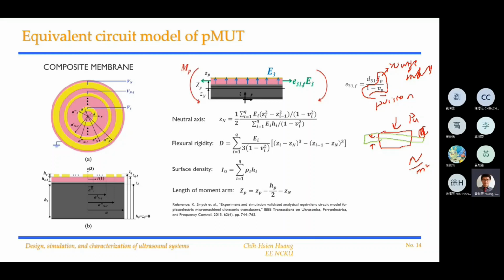So if we multiply these two, then the unit of E31 effective is Coulomb per meter square. Which means it's how much charge we can create on the surface area here, right? And it will relate to how much voltage you generate. Okay.